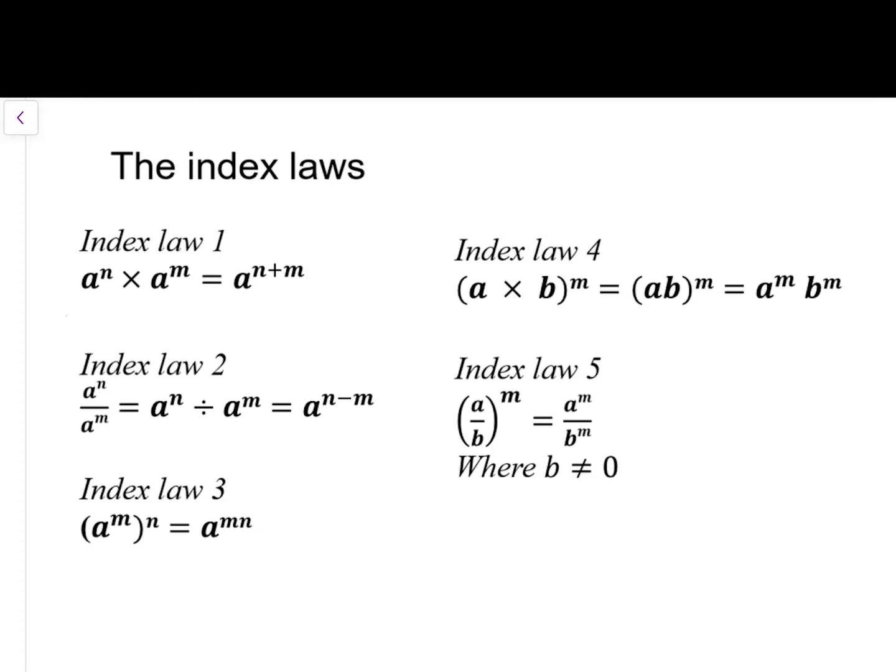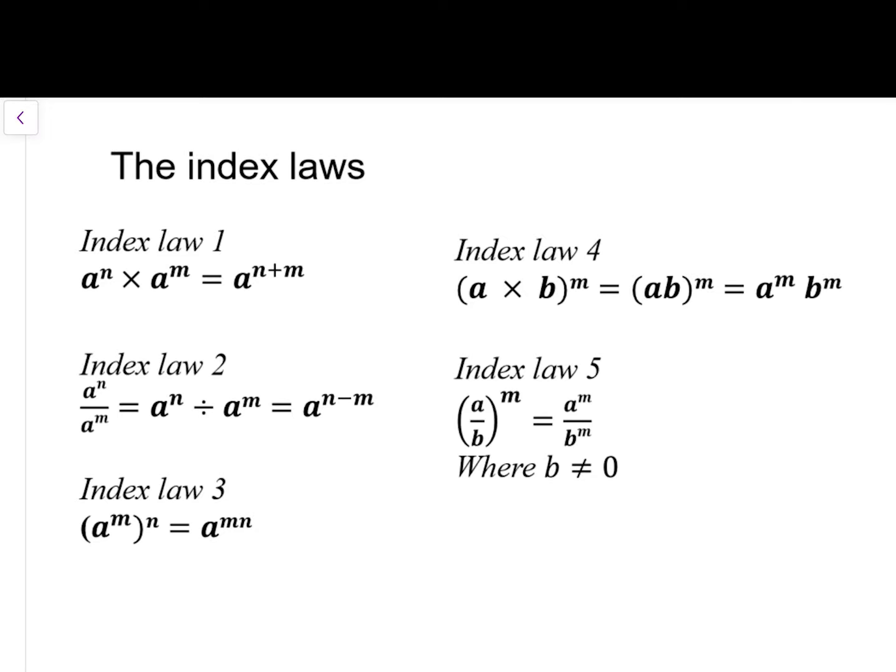So let's just look at an example, x squared times x to the power of 3. This is like saying x times x times x times x times x, which is the same as saying x to the power of 1, 2, 3, 4, 5, or the 2 plus 3.